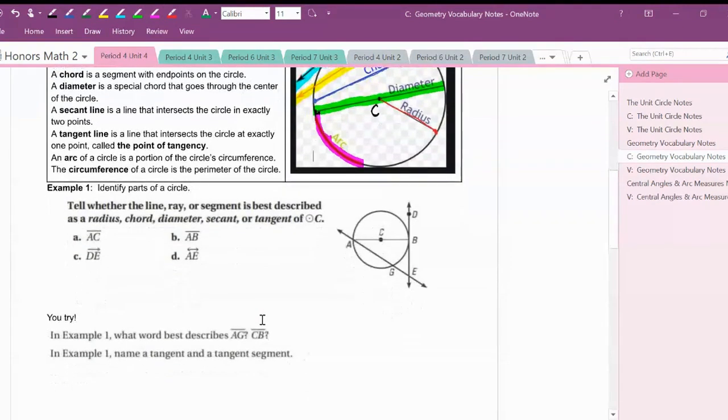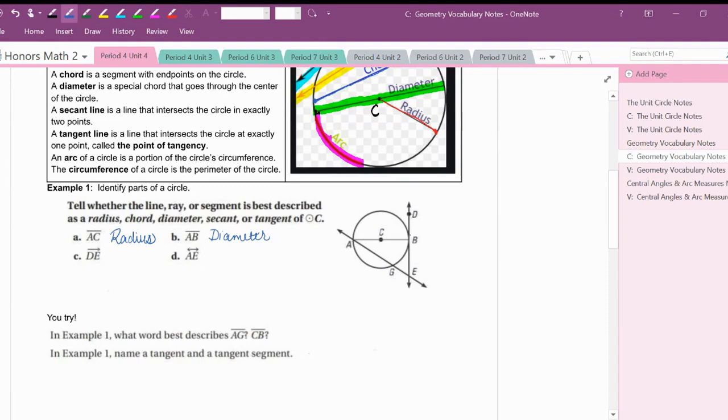All right, so we're going to look at this diagram and decide what we have. Segment AC would be a radius. Segment AB would be a chord, but more specifically a diameter because it goes through the center of the circle.